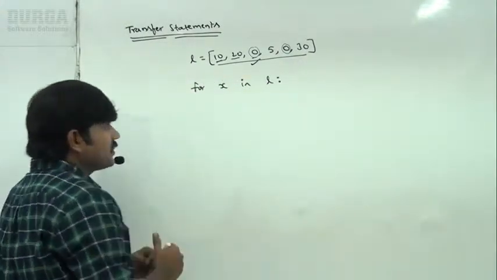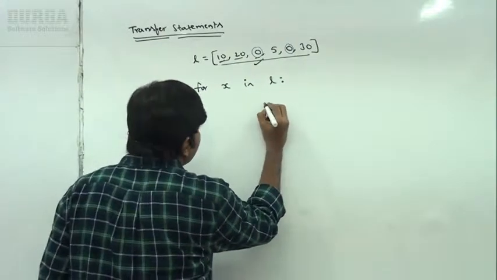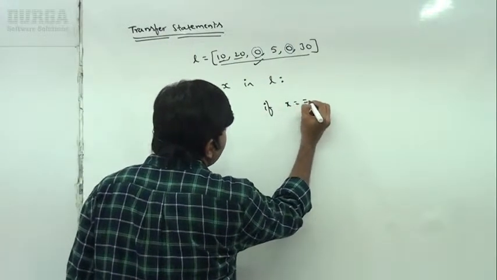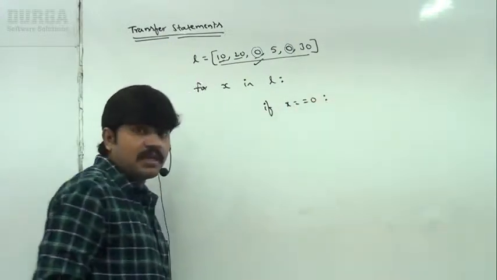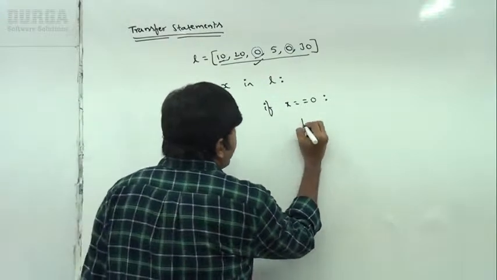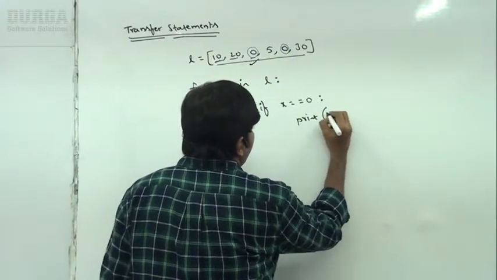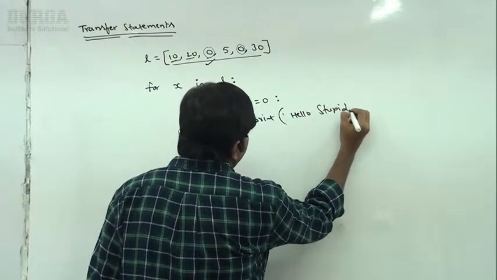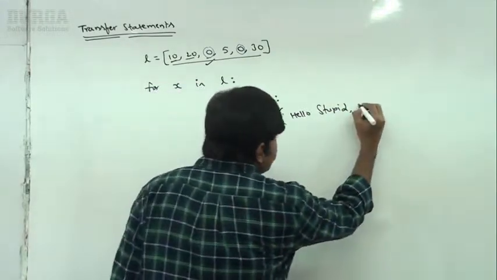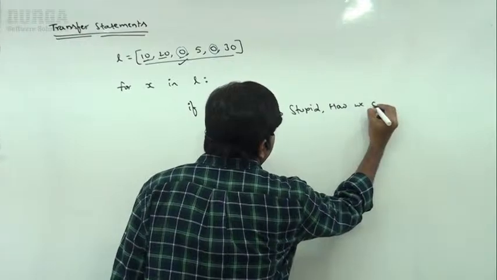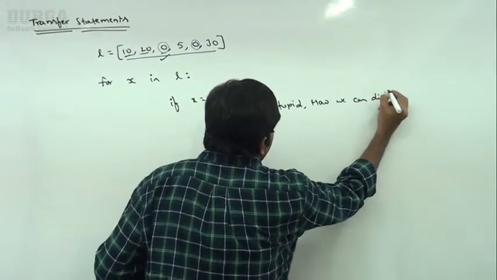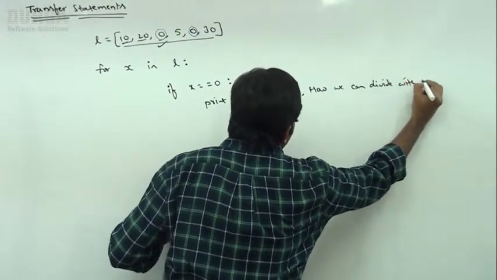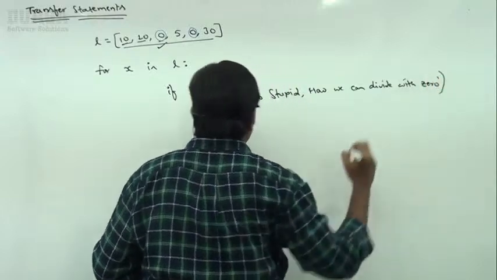For each x in L, if x is equal to 0, if the x value is 0, what I have to take? Print hello stupid, how can we divide with the 0? Like this I'm taking.